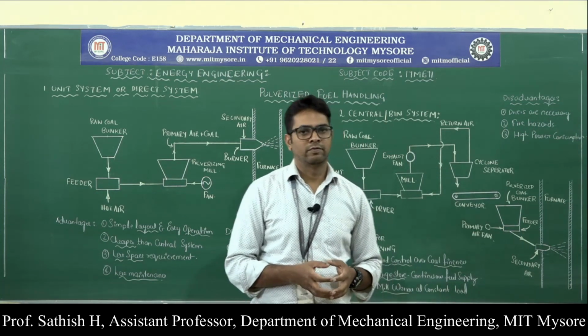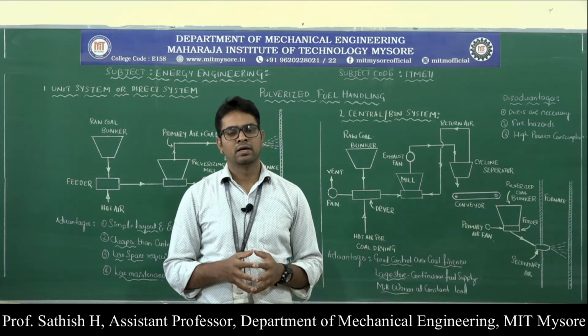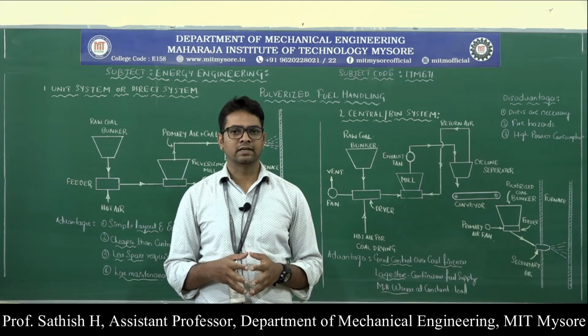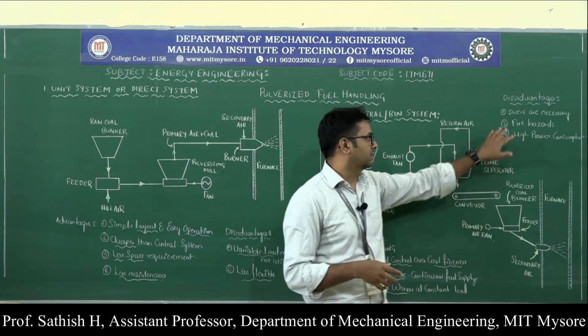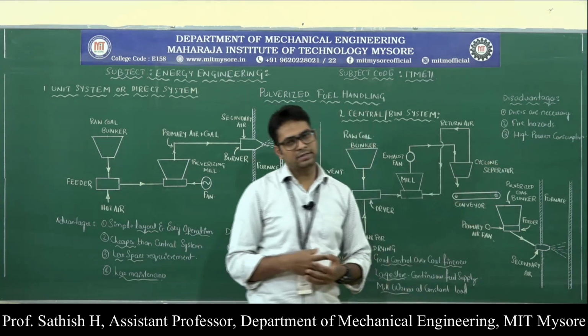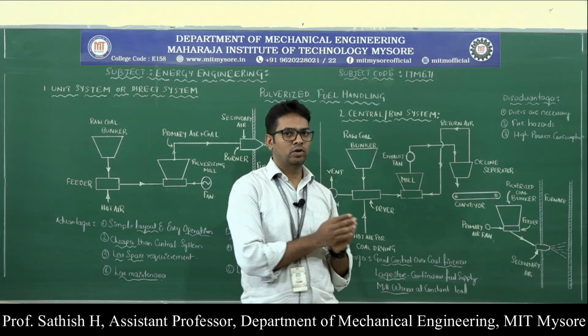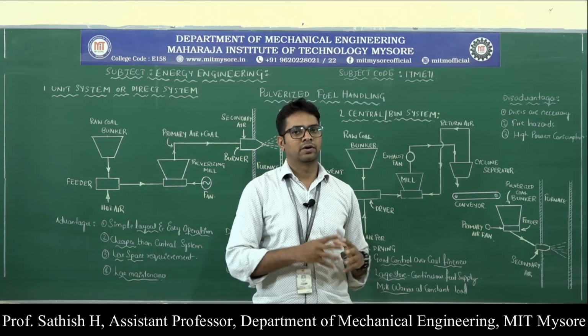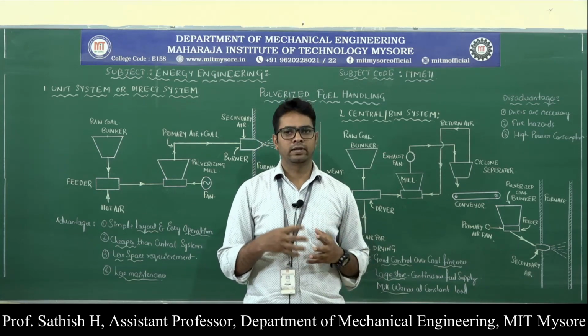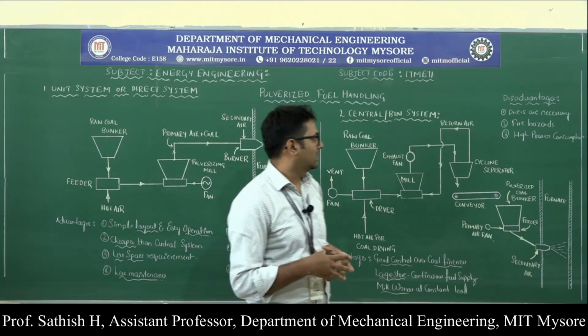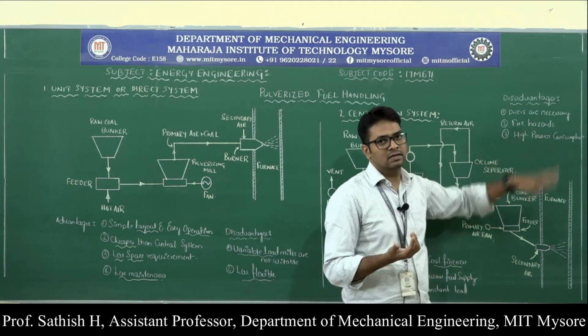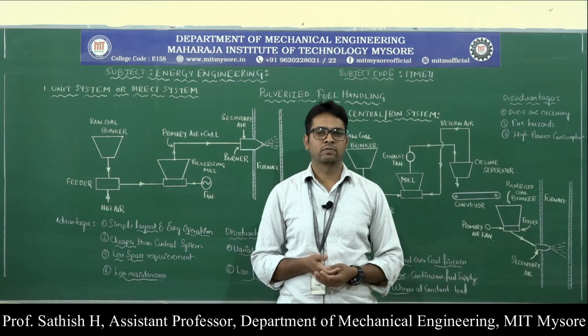since we are handling a relatively larger quantity of coal or fuel, so we need dryers. And since we are storing pulverized coal in the coal bunkers and handling a relatively larger quantity of fuel, there is a risk of fire hazards, which is one more disadvantage.